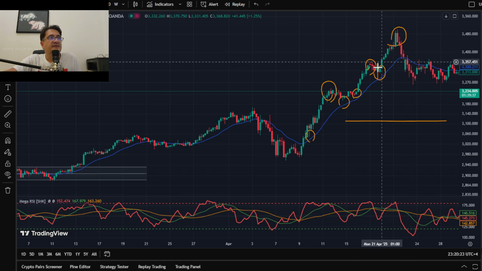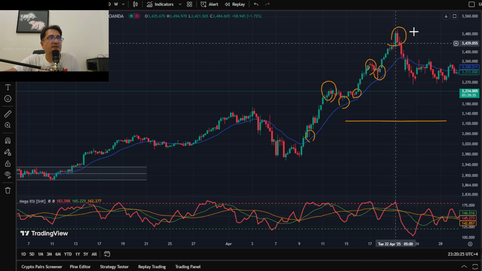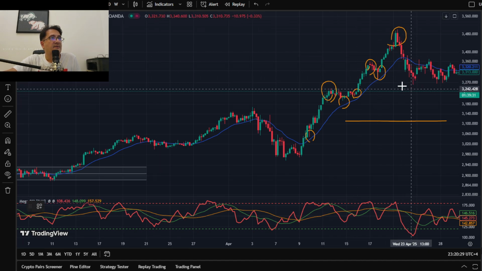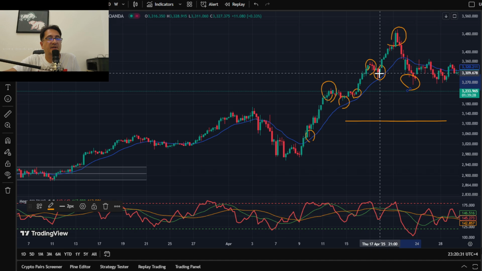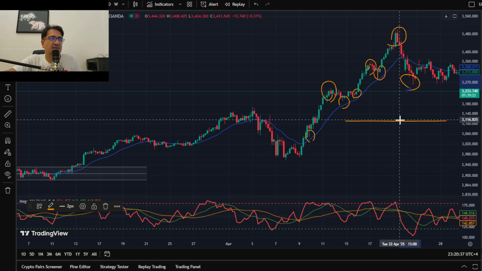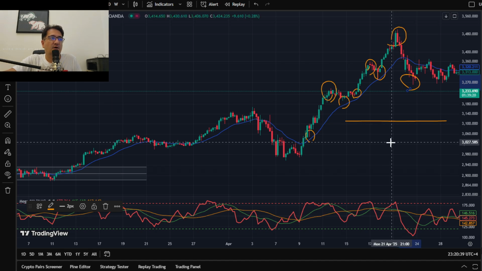And here the uptrend is broken, it's voided here. Why? Because we had this low below the previous low. But we are going to talk about these things, breakouts and void trends, more later.